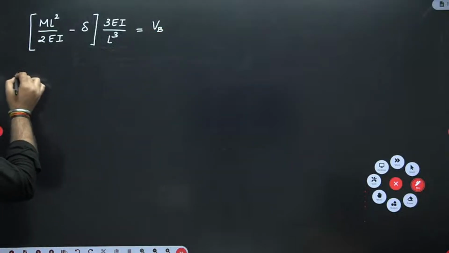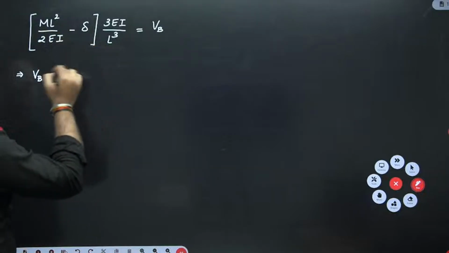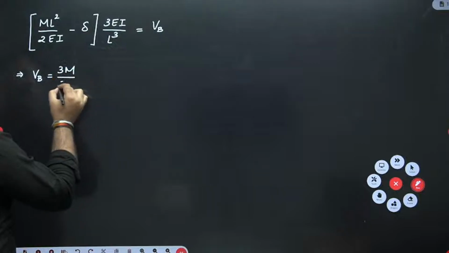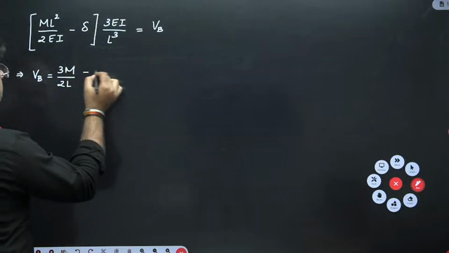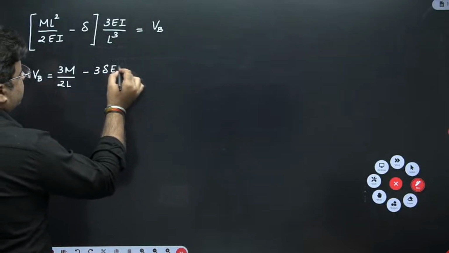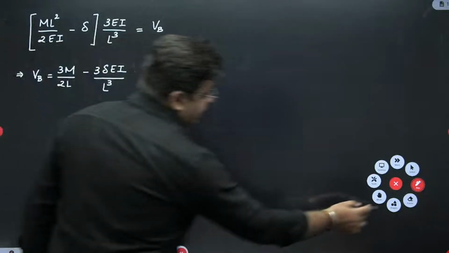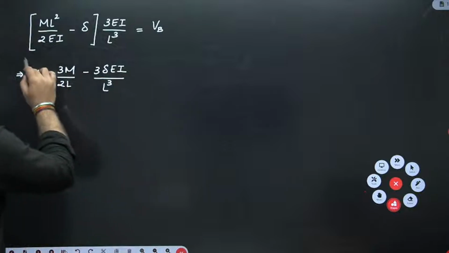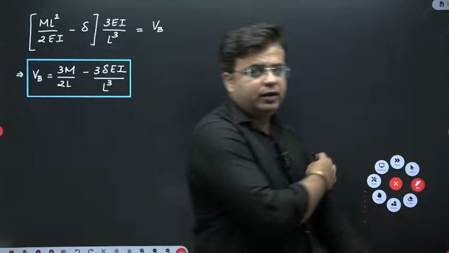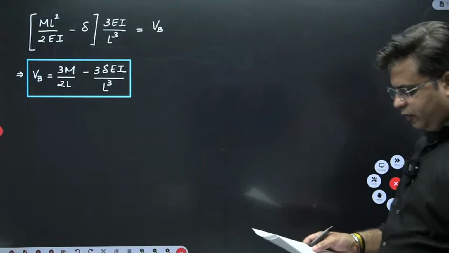So VB is equal to 3M upon 2L minus 3 delta EI by L cube. So something like this, we are getting the answer for VB. The reaction at the prop end is 3M upon 2L minus 3 delta EI by L cube. Okay, let's move ahead with this.